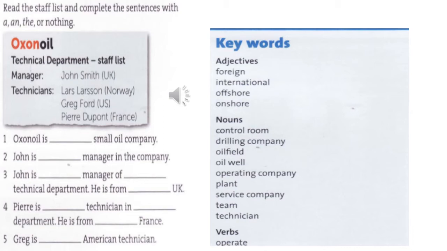Nouns. Control room. We know the control room. Drilling company. Company that makes the drilling process. Oil field. Oil well. Operating company. Another company that makes the operation. Plant.